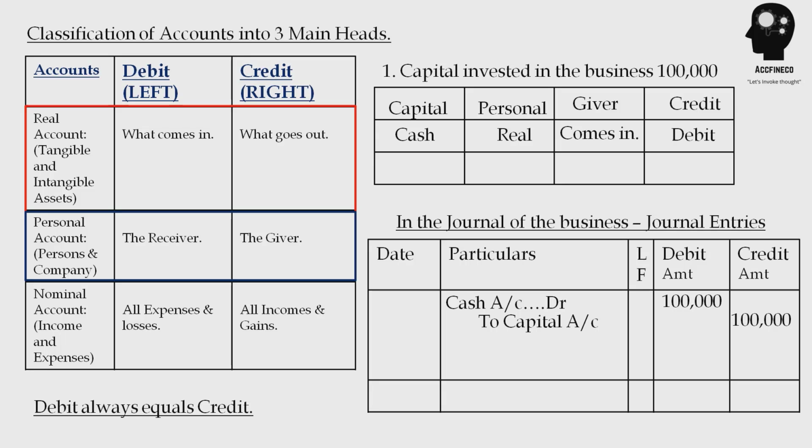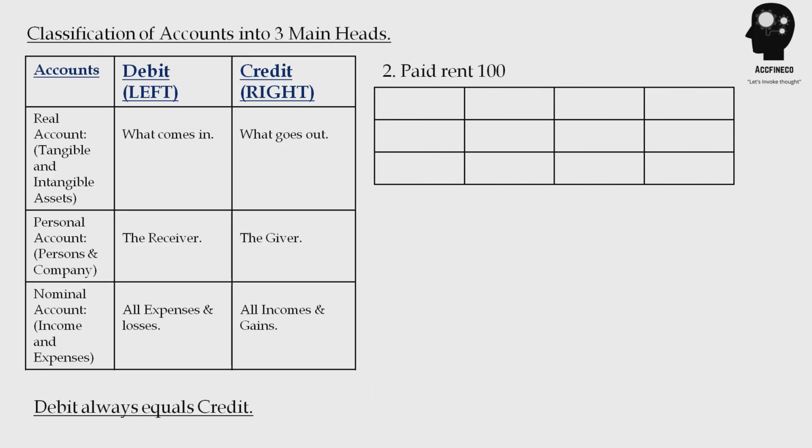See, debit always equals credit. Also, after the entry, we write a single line starting with the word being, which is being capital invested in the business, in brackets. This is called the narration.